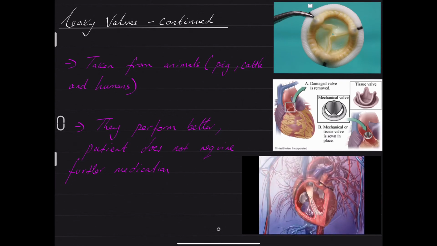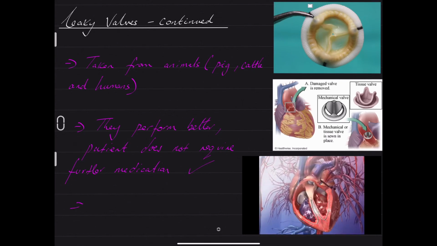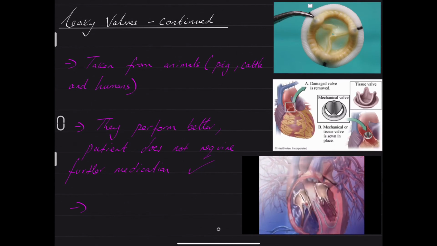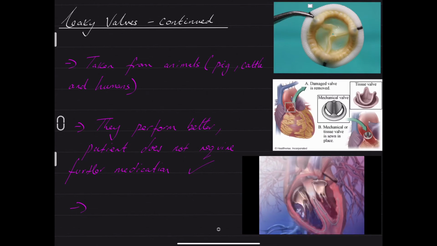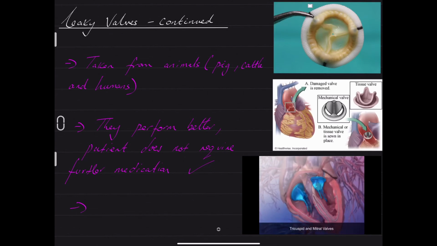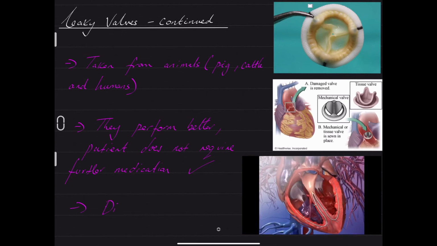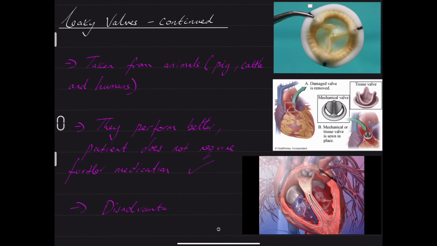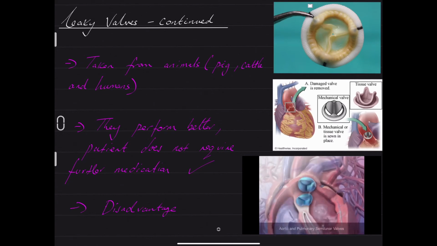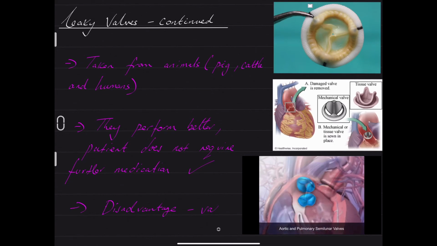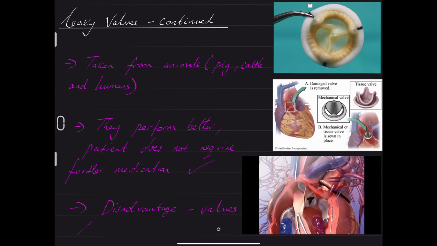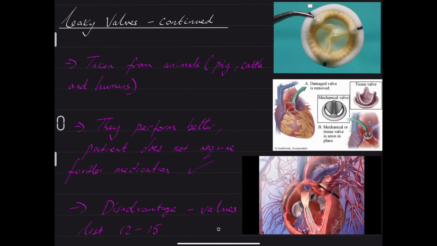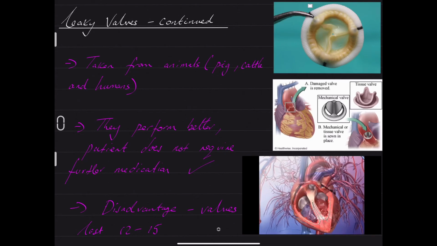However, the downside would be that these valves last approximately 12 to 15 years. So downside, let's say disadvantage, okay, valves last 12 to 15 years, so you might need to get another replacement afterwards.